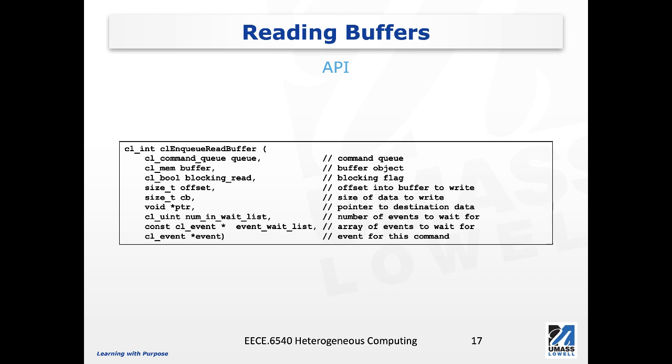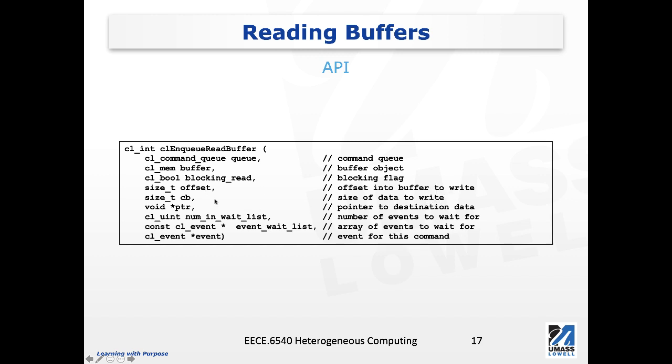This is the detail about the OpenCL read buffer API. It's called clEnqueueReadBuffer, which takes the queue as the first argument. It provides the source of the read, which is the buffer pointing to the device memory, a flag indicating whether it's a blocking read or a non-blocking read, and then an offset into the buffer to read.